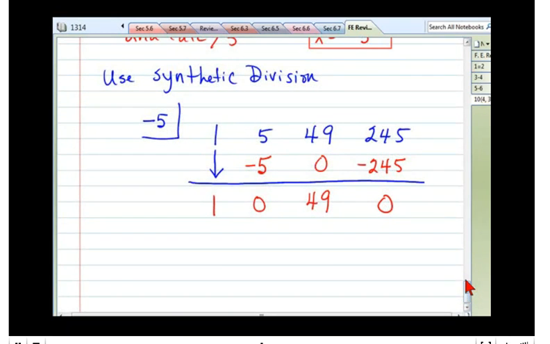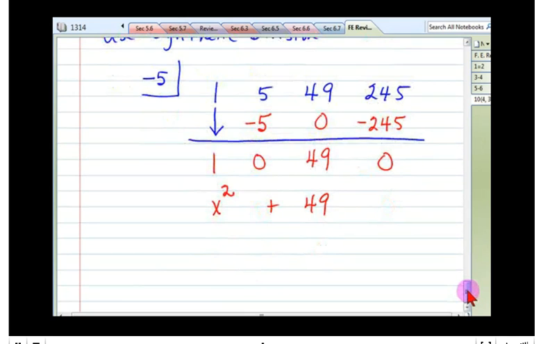And what that tells us, we started out with x cubed, we've dropped down to x squared plus 49. I don't have an x term, so it's x squared plus 49. And now you can solve a quadratic. If no other way, you could do it with the quadratic equation. But how about this? x squared plus 49 equals 0. x squared equals -49.